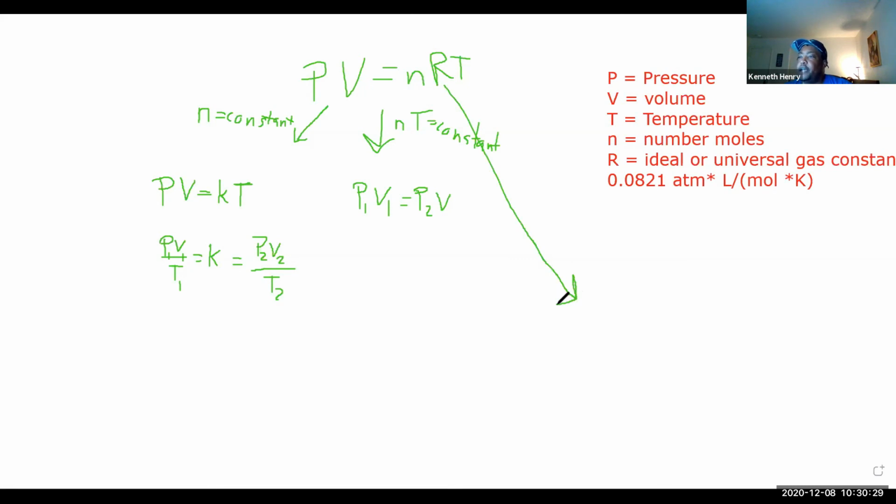Now, if I say that moles and volume are constant, I know this is a quick overview, then I can use P1 over T1 equals P2 over T2.